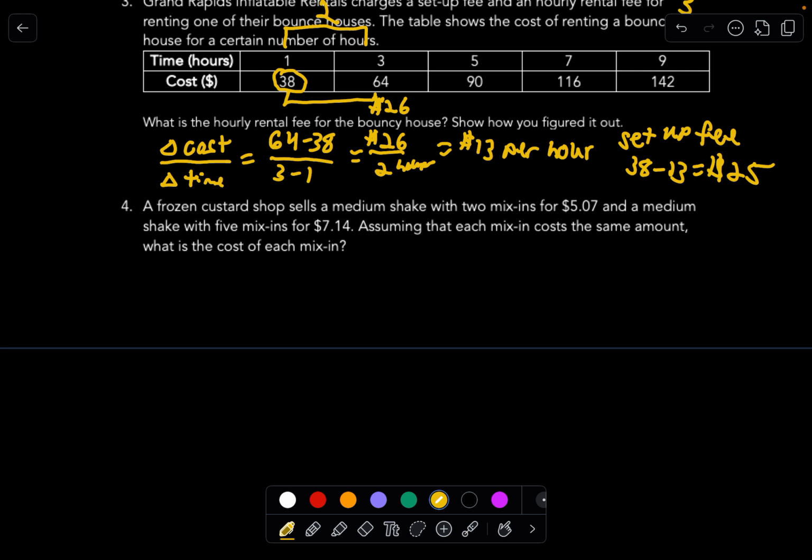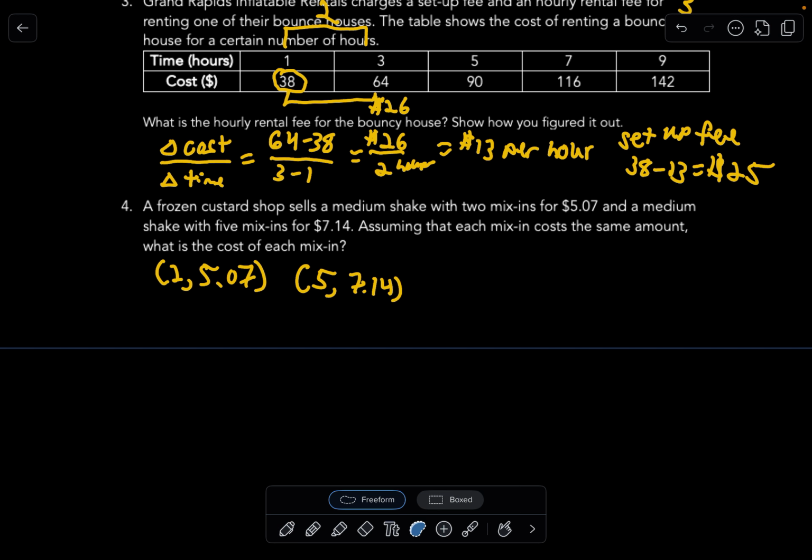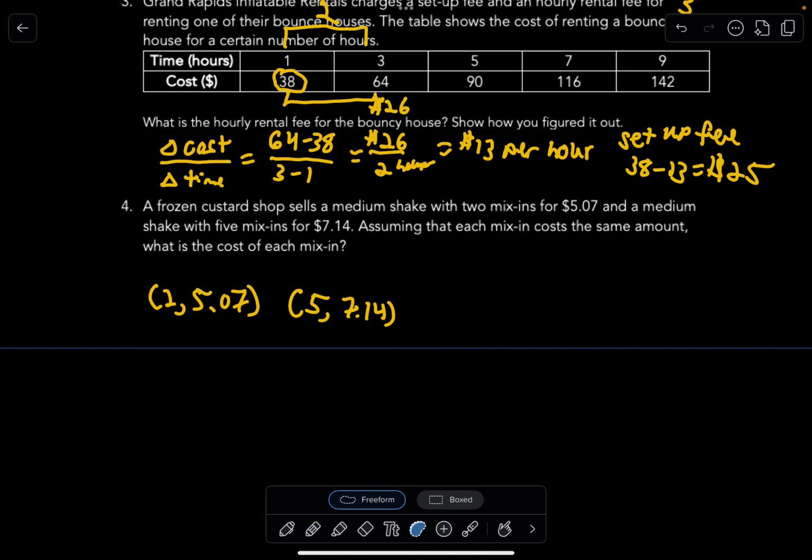Well, what we know is that with 2 mix-ins, it was $5.07, but with 5 mix-ins, it was $7.14. Notice how I wrote them as ordered pairs. All right, so if you want to find the cost per mix-in, we're going to find the slope.